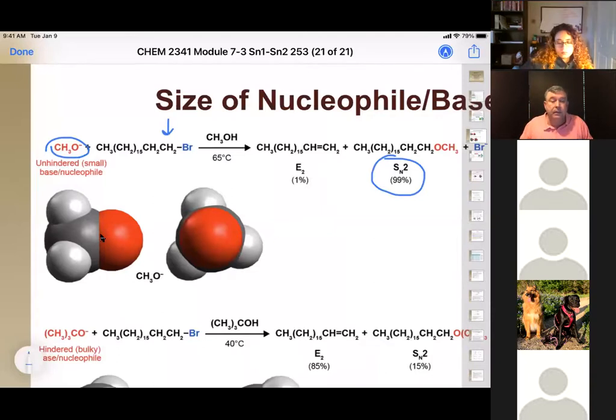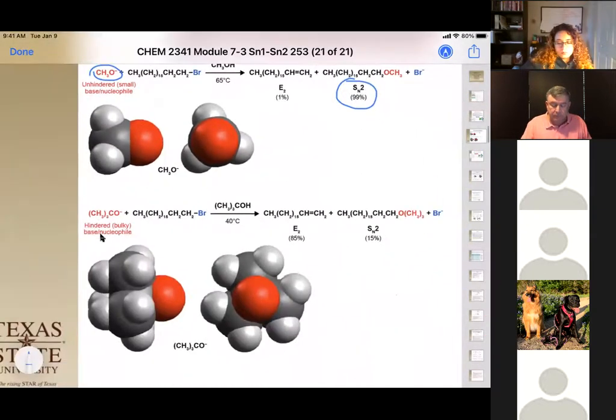Let's keep the substrate primary, but let's turn it into a big bulky base, that t-butyl base. So this is the t-butoxide right here. We can completely flip the system here, okay? We have a hindered base. That hindered base makes it less nucleophilic.